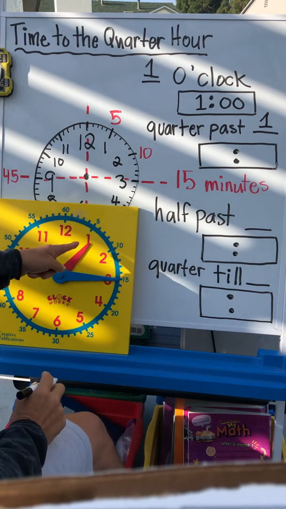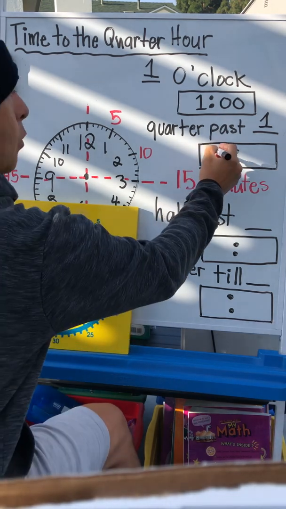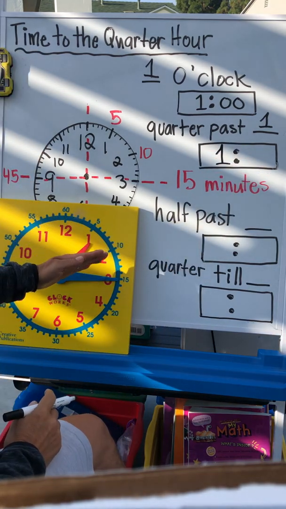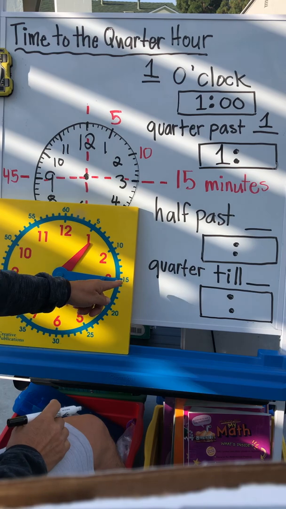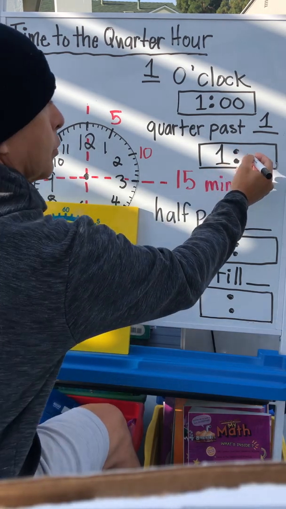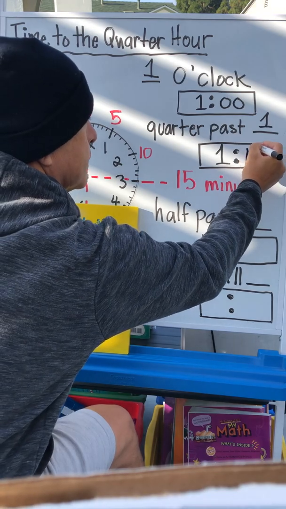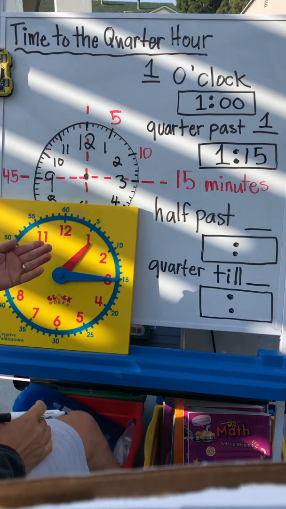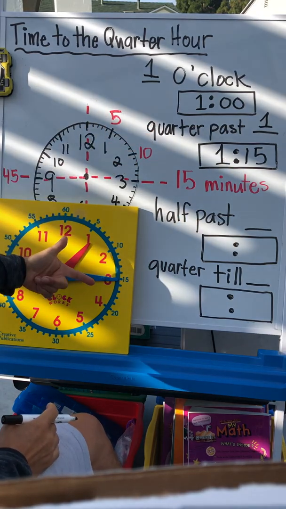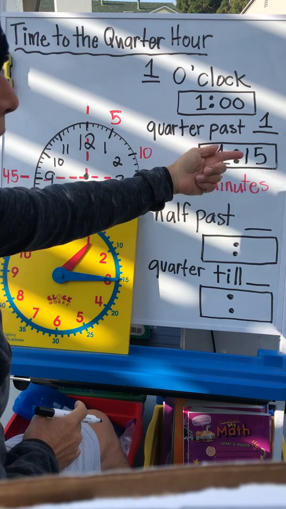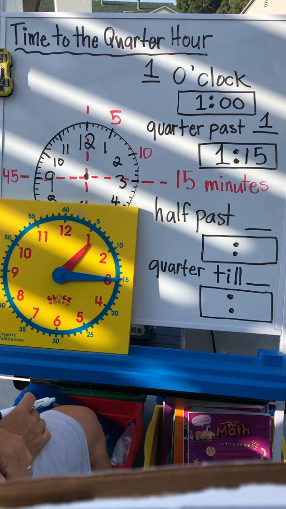So we write the hour first, 1, and then we write the number of minutes that the minute hand moved, and you can see it moved 15 minutes, or 1/4 hour. So in the minutes, we write 15. So what time is it? It's a 1/4 past 1. How do we write it? We write it like this, 1:15. You can even say 1:15 if you want to.